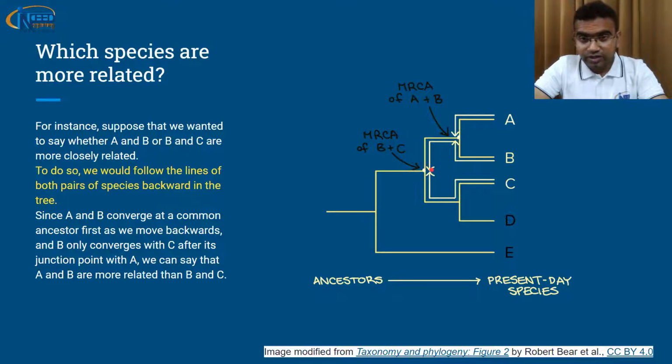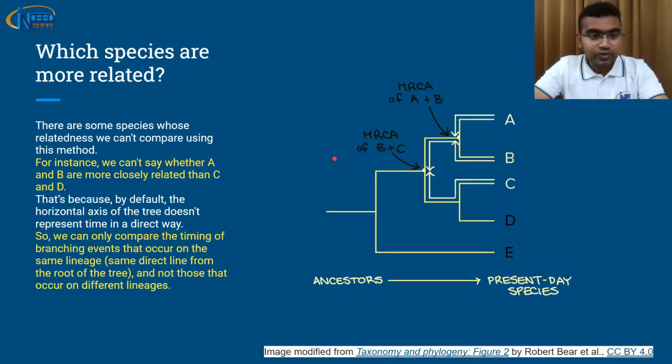For B and C, we have to move from B towards a point, and from C also towards a point, where the split for B and C has taken place. So the most recent common ancestor for B and C is this particular point. This is how you need to read how the species are related.